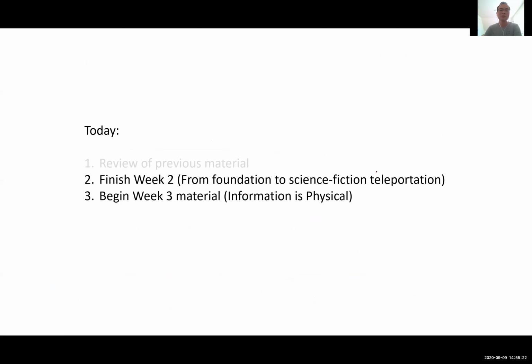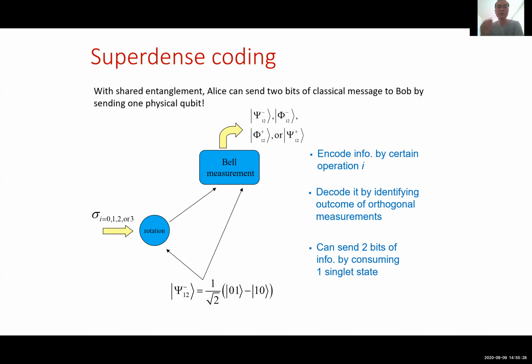Okay, so we're going to finish the week 2 material. Another topic that we did not discuss last time, but it's widely used in experiment and verified, is the so-called superdense coding. The purpose of this is to send classical information.